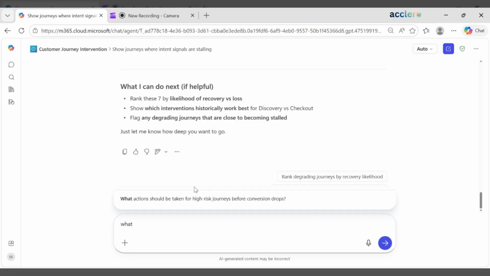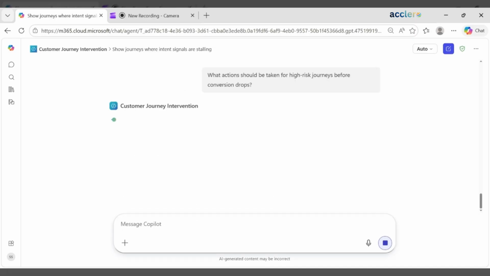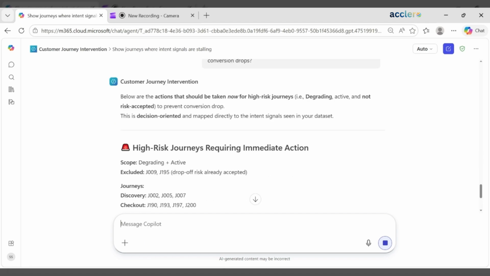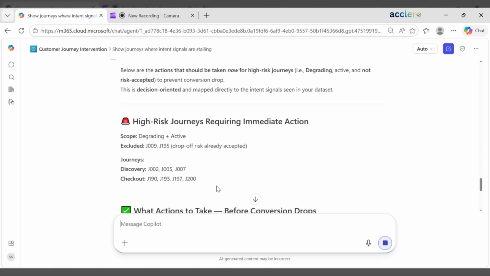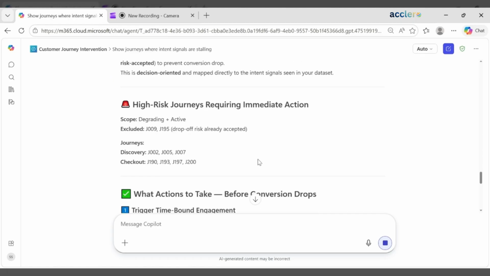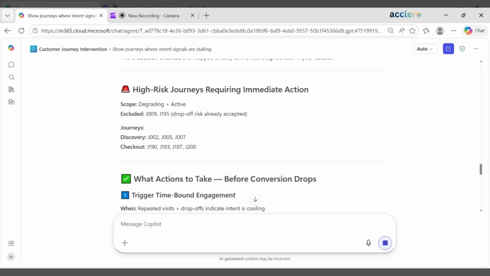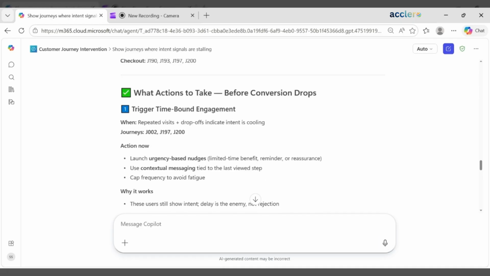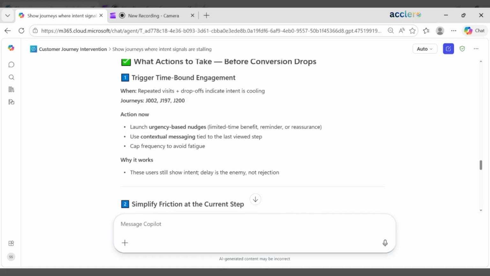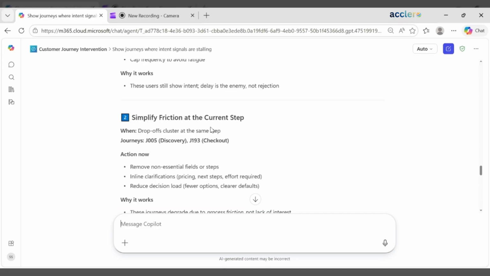Here I am asking the agent what action should be taken for the high-risk journeys before the conversion drops. The agent maps each risk pattern directly to an intervention strategy. For example, here we can see the paths: trigger time-bound engagement, simplify friction at the current step, and adjust eligibility.